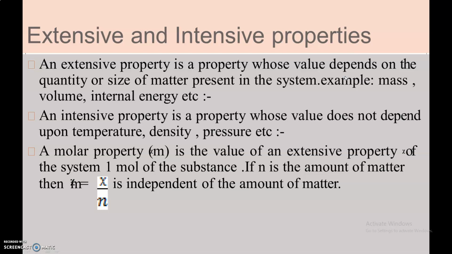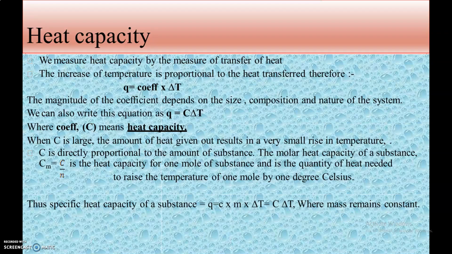Examples: mass, volume, internal energy, etc. An intensive property is a property whose value does not depend on the amount of matter, for example temperature, density, pressure, etc. A molar property is the value of an extensive property X for the system with 1 mole of substance. If n is the amount of matter, then Xm is equal to X by n, which is independent of the amount of matter.